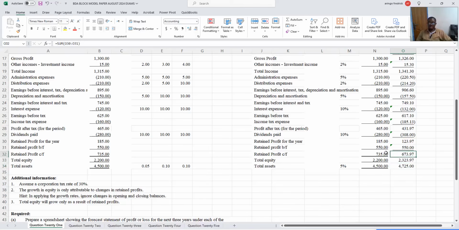So at the end of the day, these are what we should be having at that point. Our equity has now grown as a result of that. Then finally, I'm going to lock that.